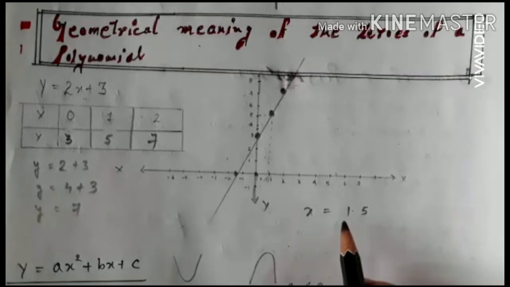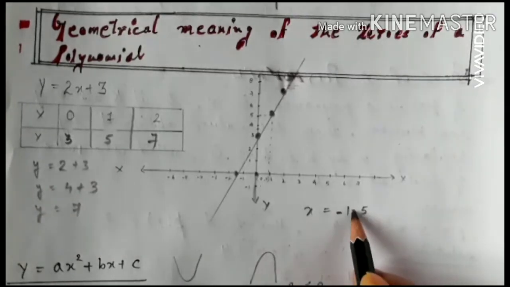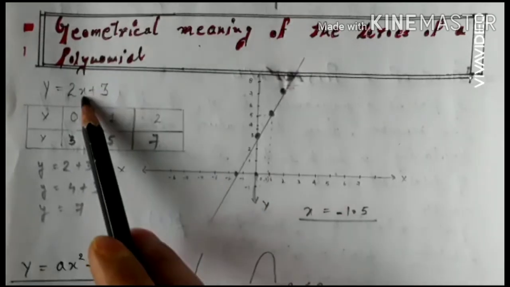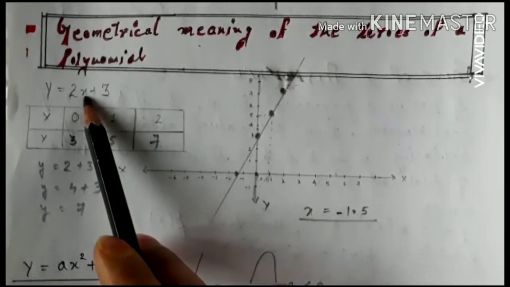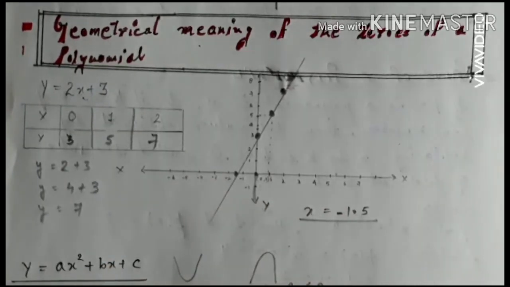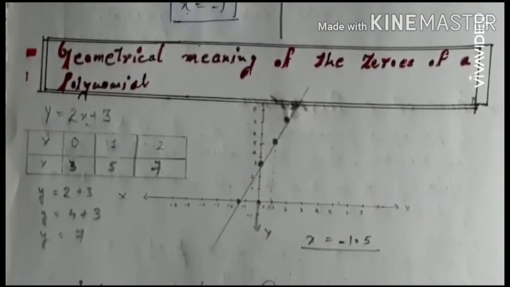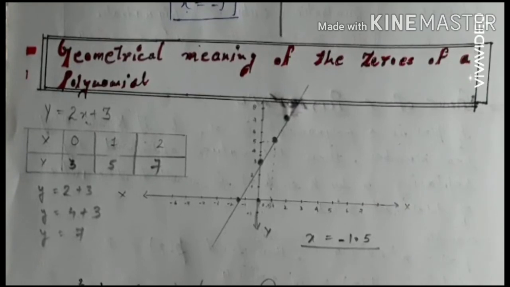So this is the answer for this polynomial, this linear equation. That means it is a zero of this polynomial. You have studied what the zero of a polynomial is: the value at which the polynomial becomes 0.